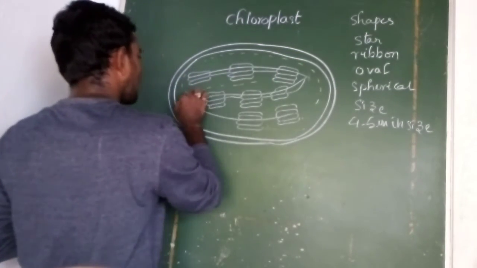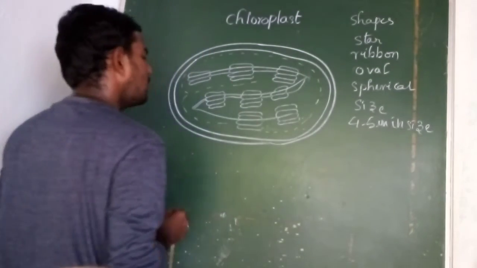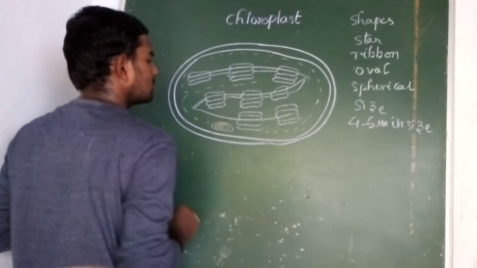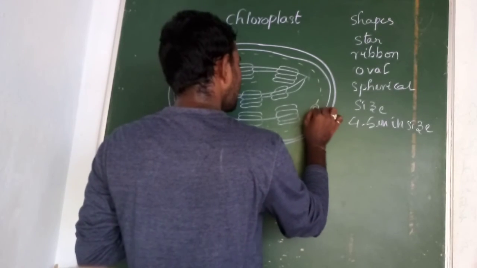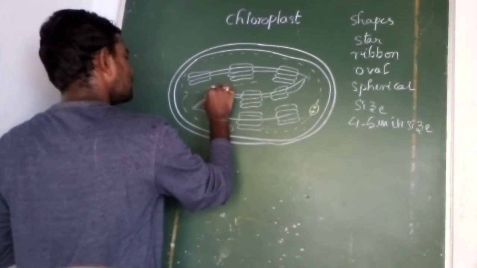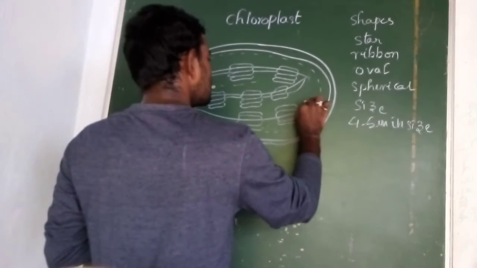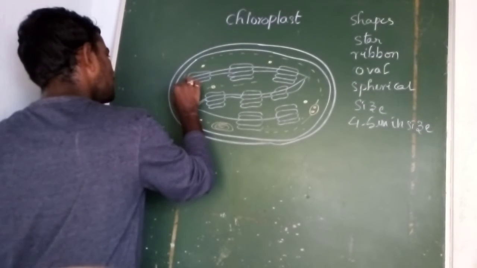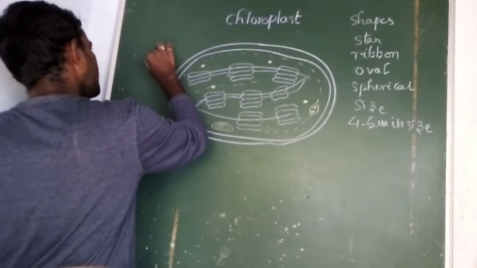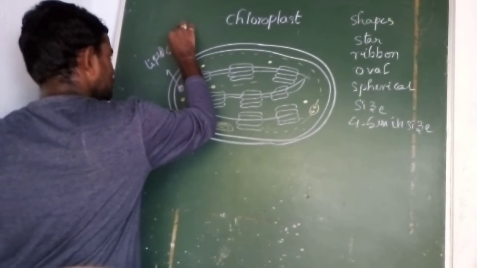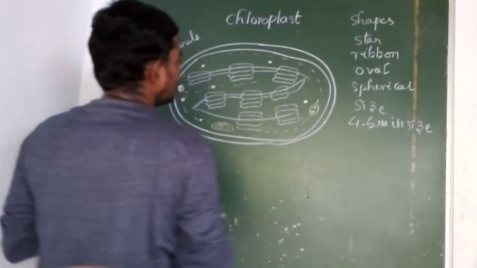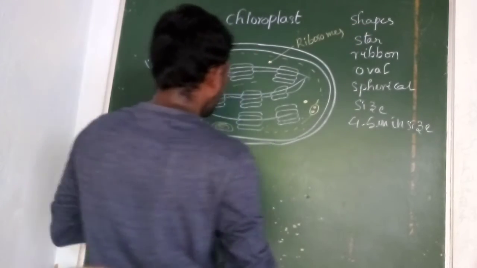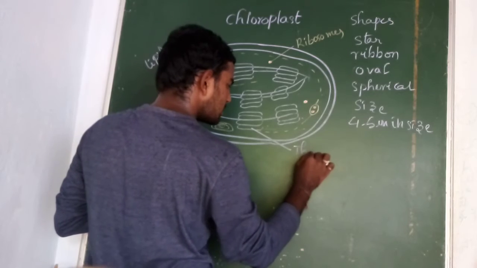In the stroma, the dark reaction takes place, along with the presence of starch grain, DNA, that is loop of DNA, 70S type of ribosomes, and lipid globule.